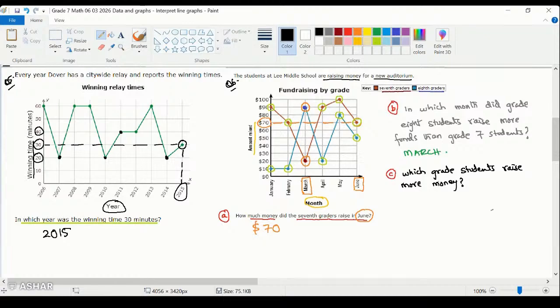So if we say grade 7, what was the amount of grade 7? The first one was 90, then it is 70, agreed?